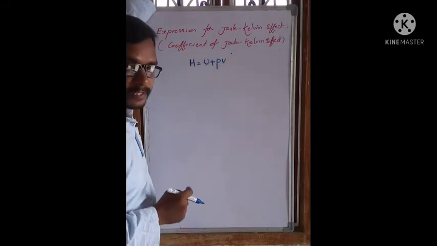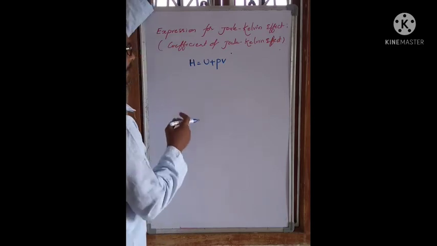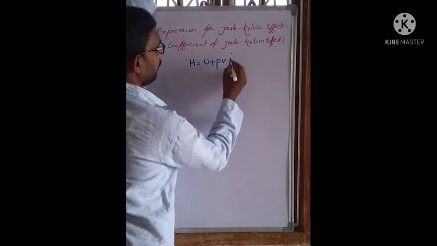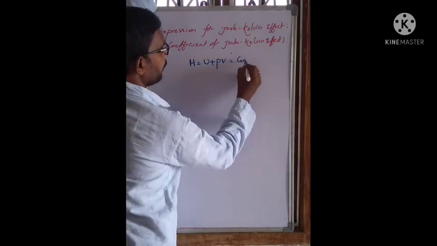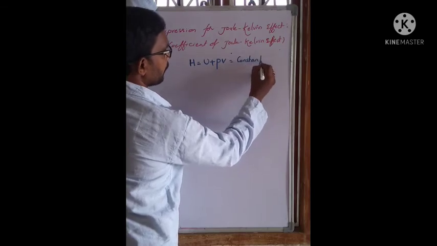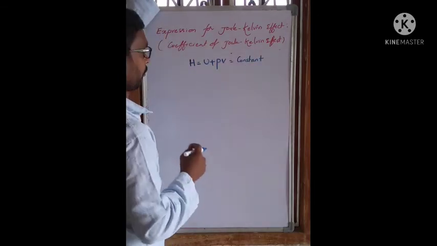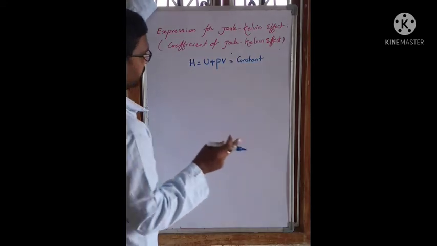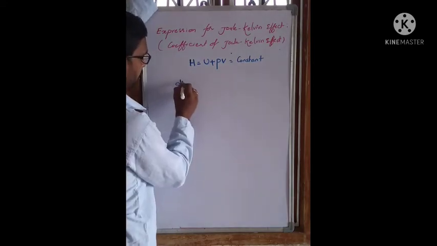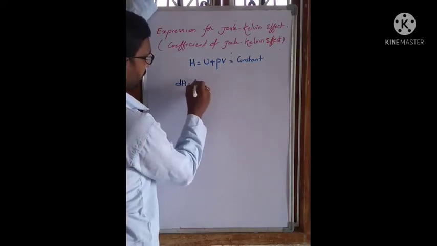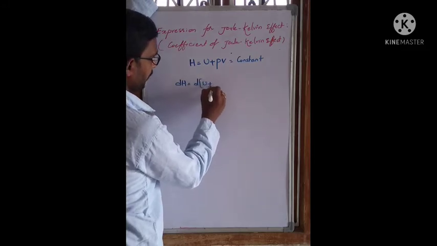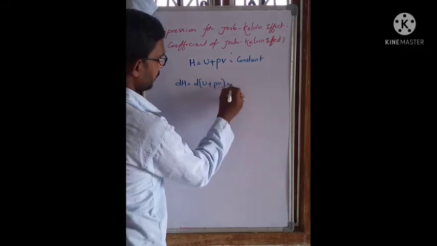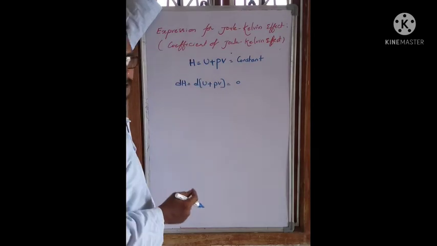When the gas suffers the Joule-Kelvin effect, H is equal to a constant. Let us take differentiation on both sides: d of (U plus PV) equals 0, since the differentiation of a constant is 0.